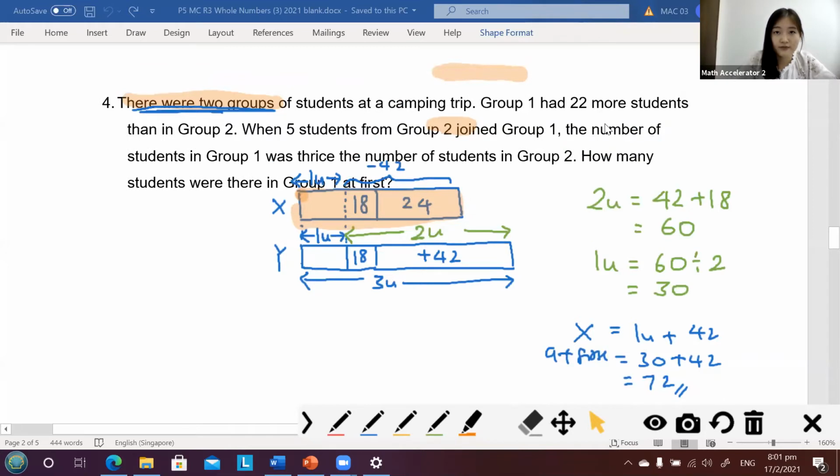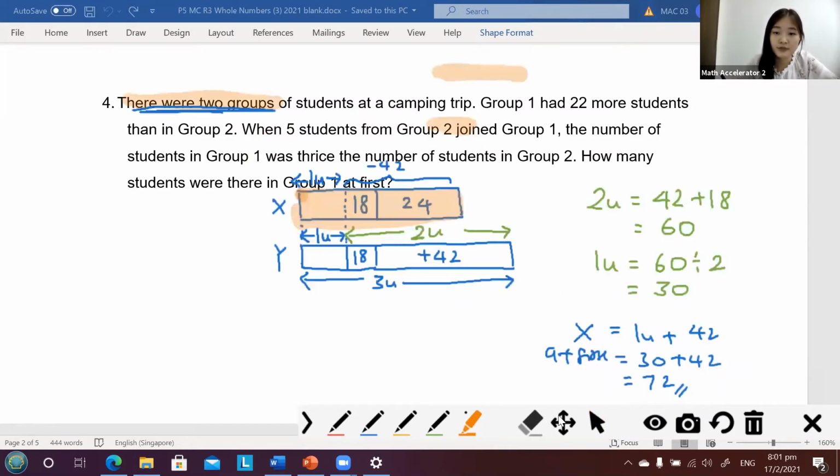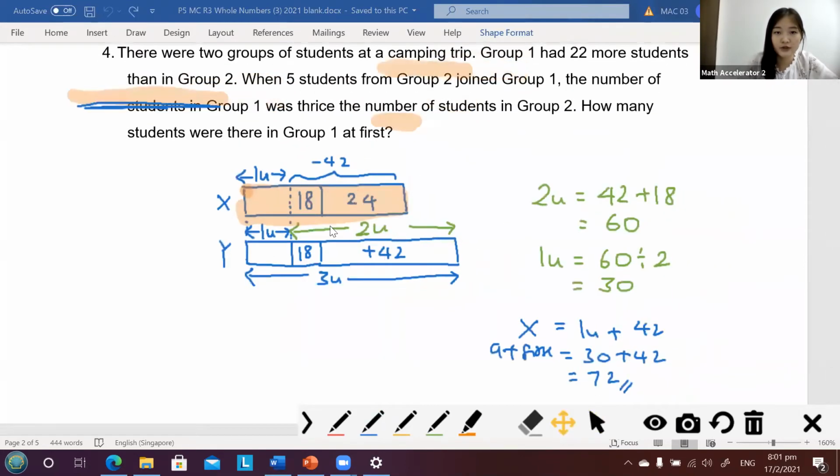Question 4. Let's read the question. There were 2 groups of students at a camping trip.